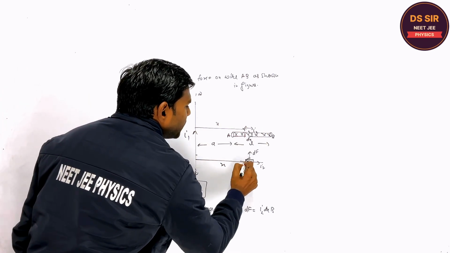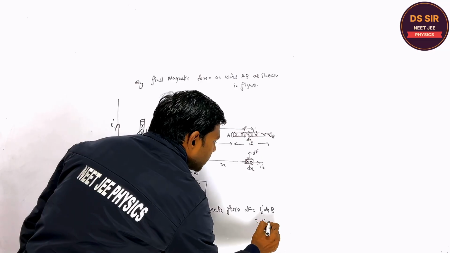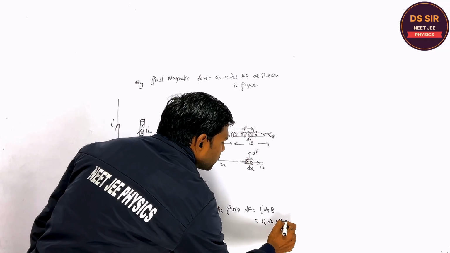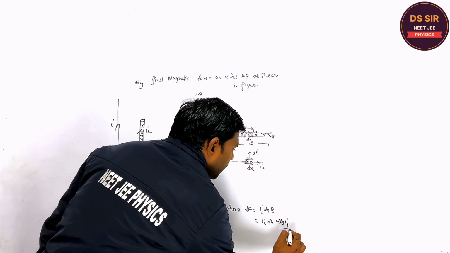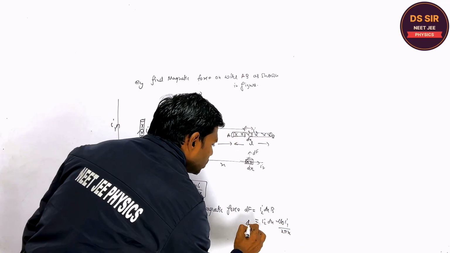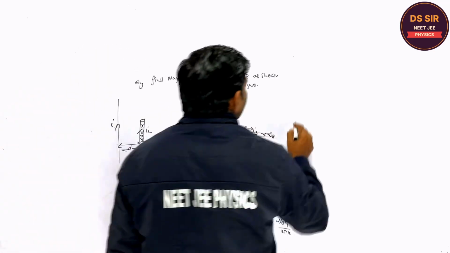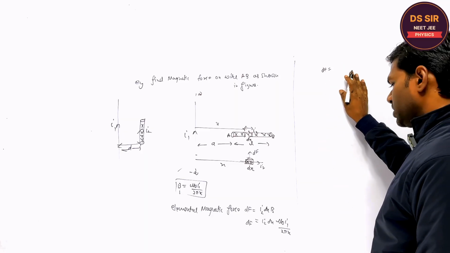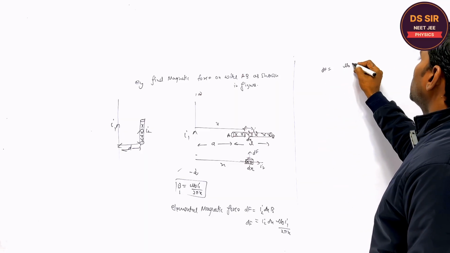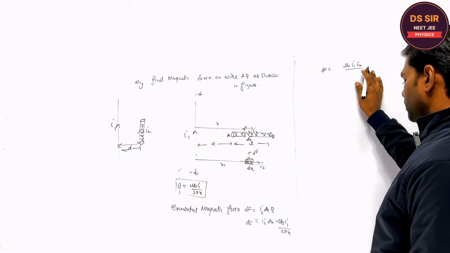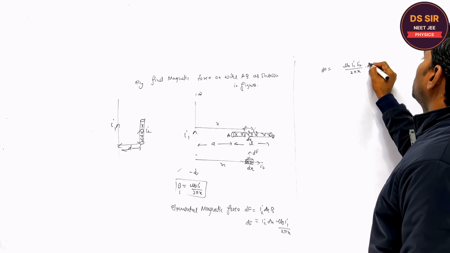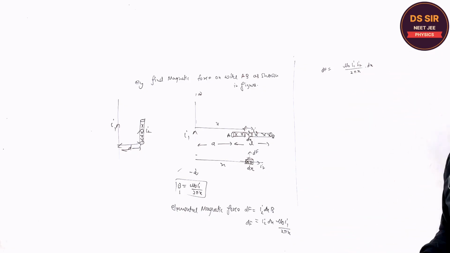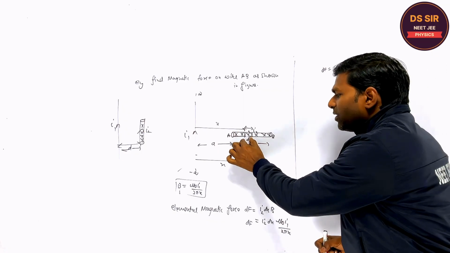Mu naught I1 upon 2 pi x. So this is the elemental force. Do you understand? So this elemental force dF is equal to mu naught I1 I2 upon 2 pi x into dx. Are you getting? Yes. So this is the elemental force.